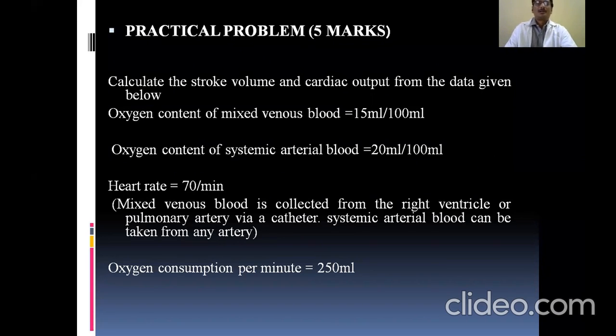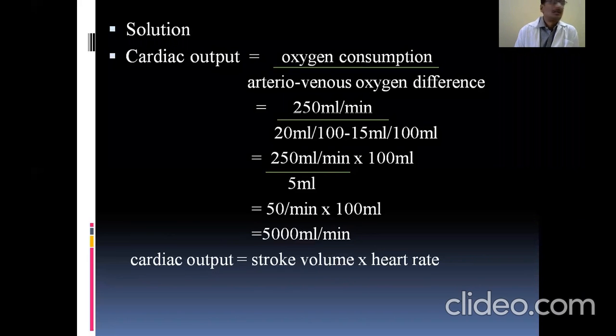Hope you have calculated by now. For the previous data, we need to calculate stroke volume and cardiac output. Here also the formula is cardiac output equals oxygen consumption divided by arteriovenous oxygen difference. In this case again, 250 ml per minute divided by 20 ml per 100 ml in the arterial blood and 15 ml per 100 ml in venous blood.